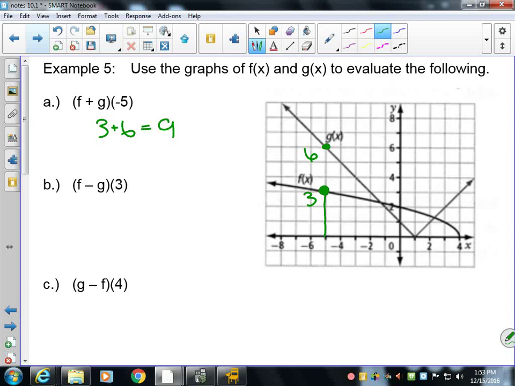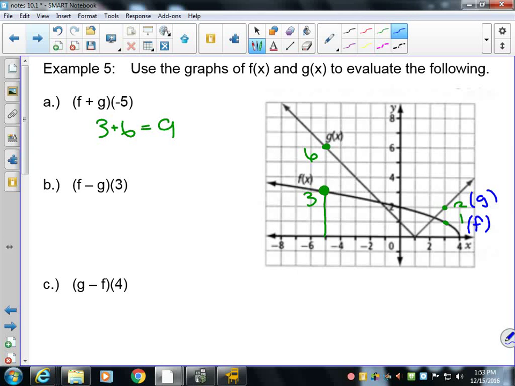Now this one says f minus g at x equals 3, right? So at 3, we have a value of 1, and we have a value of 2. Which one's g and which one's f? 1 is f, and 2 is g.